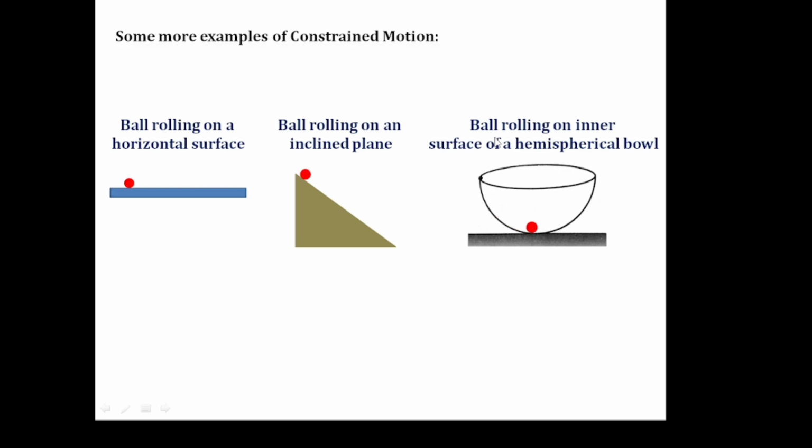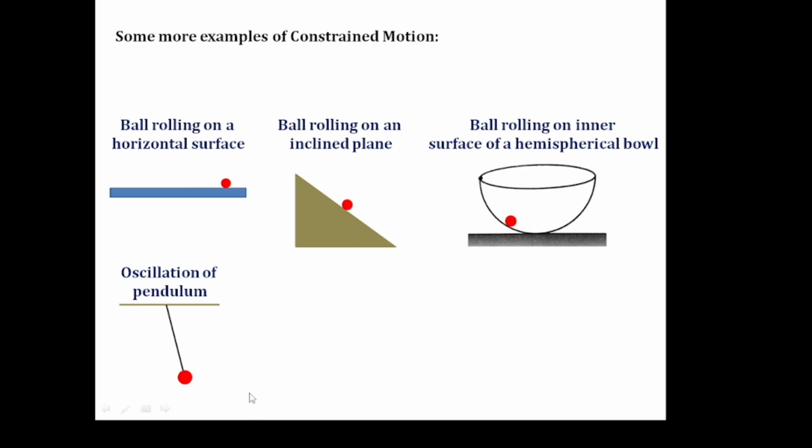Now the third case, the ball is rolling on the inner surface of a hemispherical bowl. Because of this inner surface geometrical shape, the ball is oscillating, and after some time, due to friction, it will stop at this position. Now the fourth example is the oscillation of a pendulum.